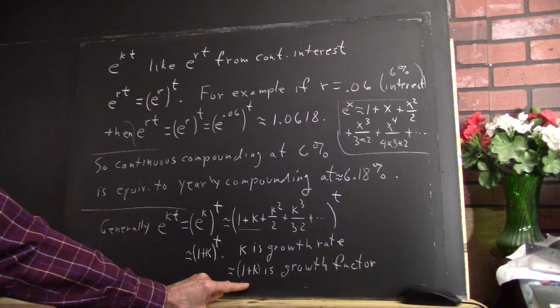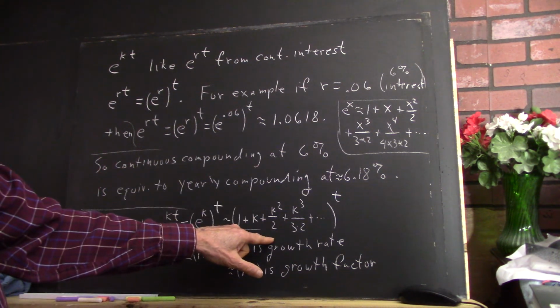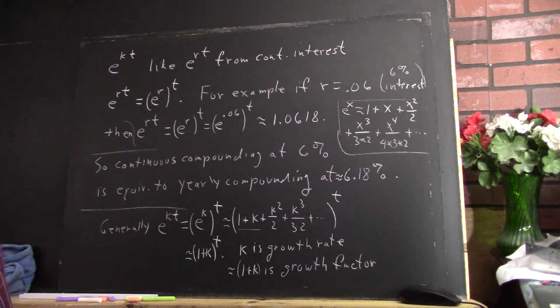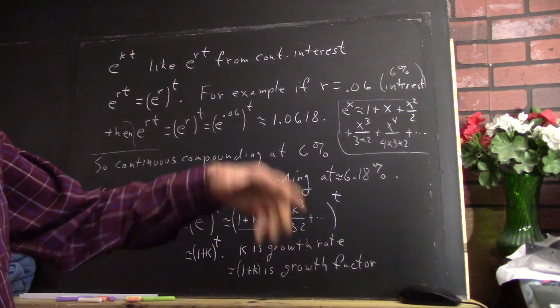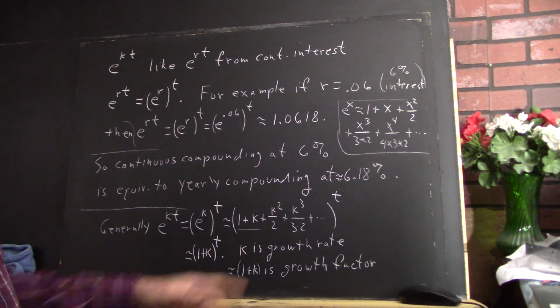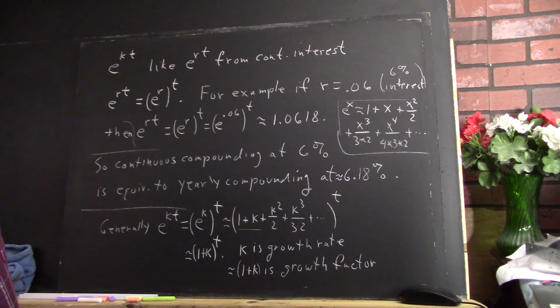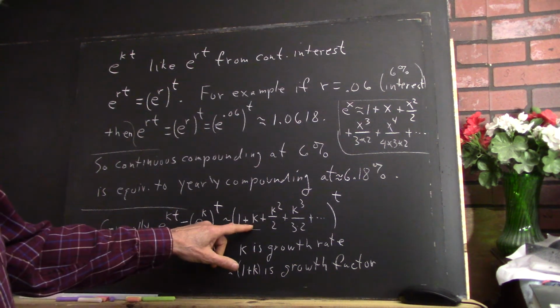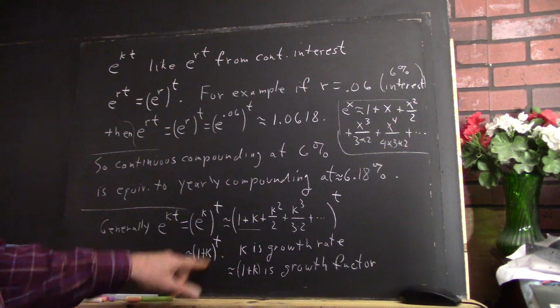If k is very small, then k squared over 2 is so small you can neglect it. If k is a little bigger, then maybe k cubed over 3 times 2 is so small you can effectively neglect it. But for small values of k, this is a good approximation.